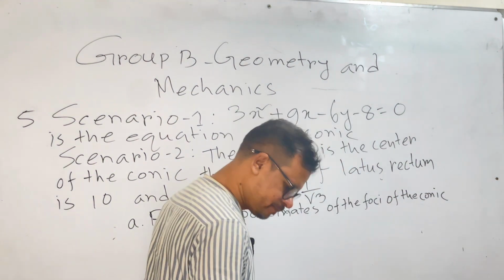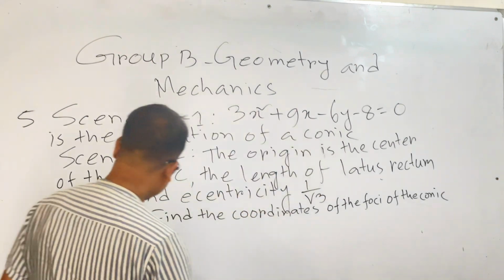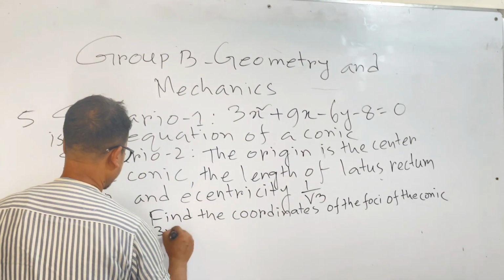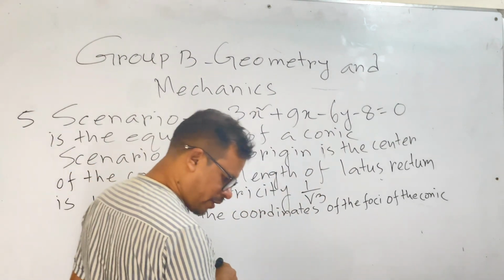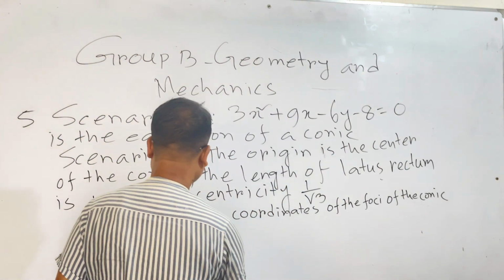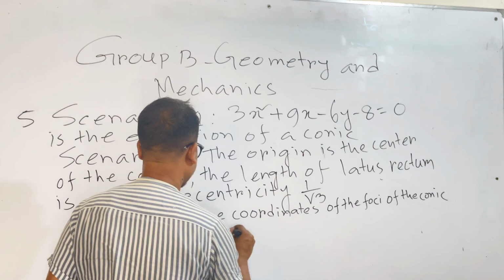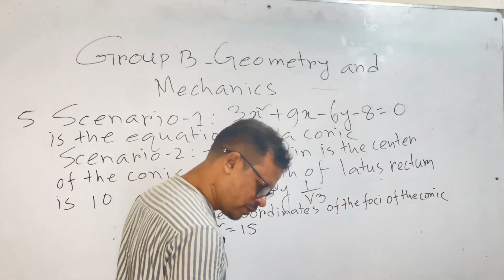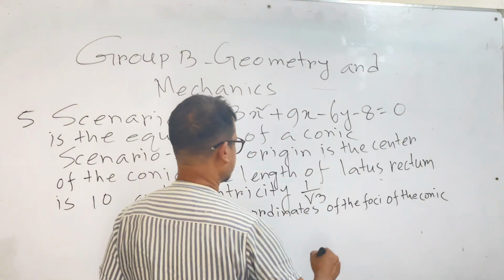What is the conic? Conic: 3y square minus 5x square equal to 15. It's mark 2.